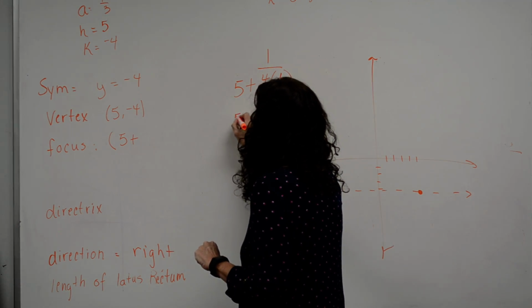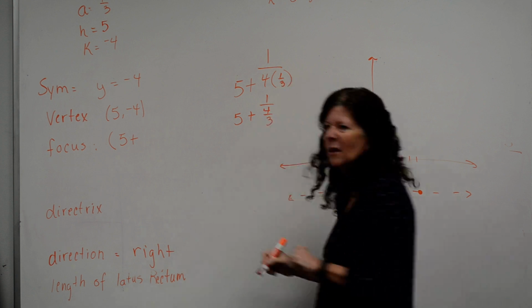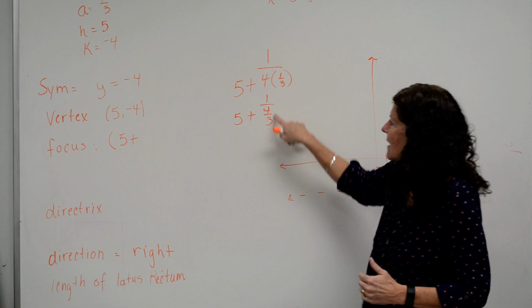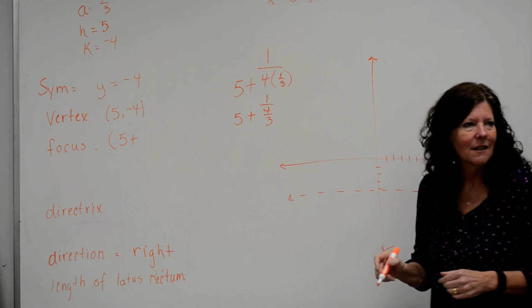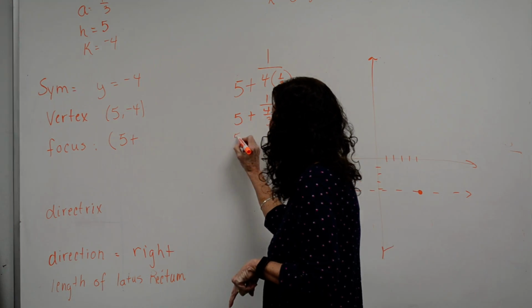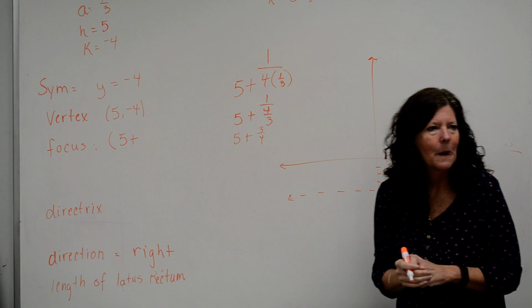So what I have is 5 plus 1 over 4/3. What? Okay. If it's underneath this, what do I do to that? I'm going to flip it. So it's the same thing as 5 plus 3/4.